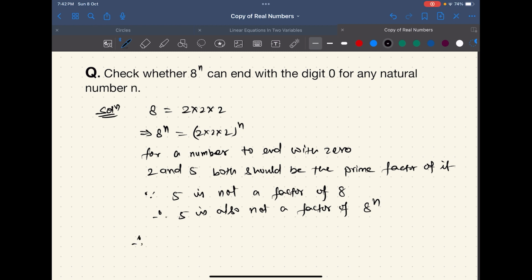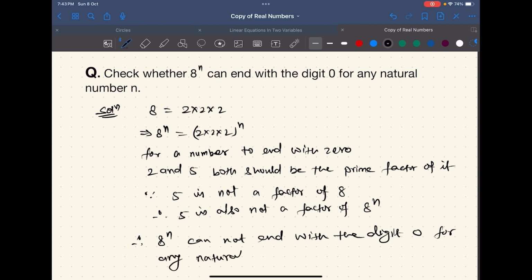And therefore 8 raised to n cannot end with the digit 0 for any natural number n. I hope it is clear to you. Let's see the next question.